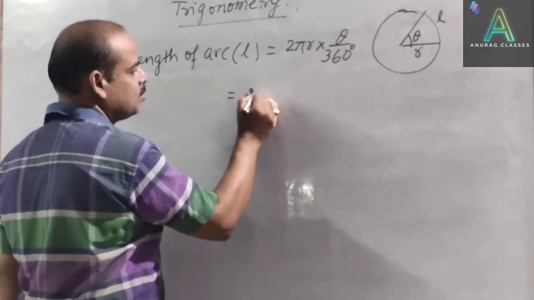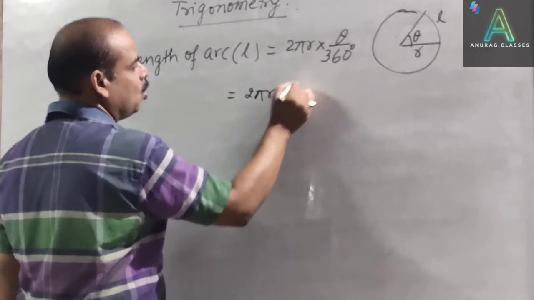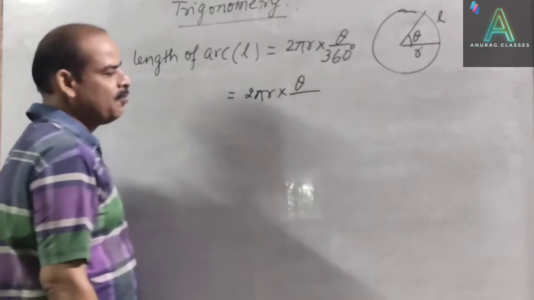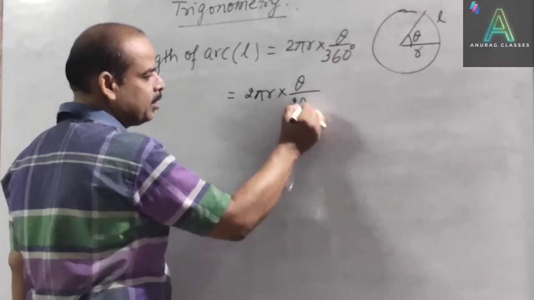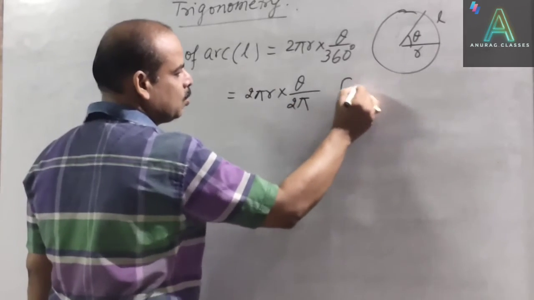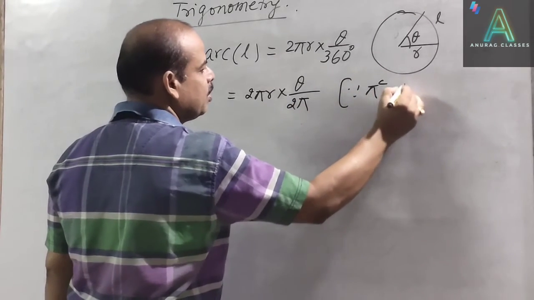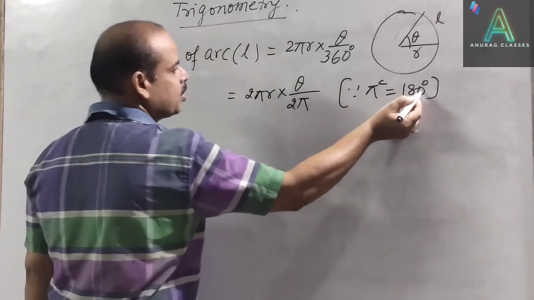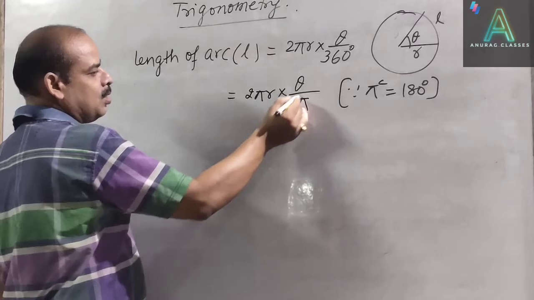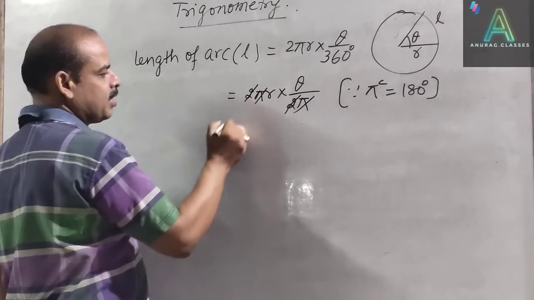But now we all know that the value of 360 degree in radian will be 2 pi. Why? Because pi radian is equal to 180 degree. So 180 degree is pi. So 360 degree will be 2 pi. Now 2 pi and 2 pi cancel out.